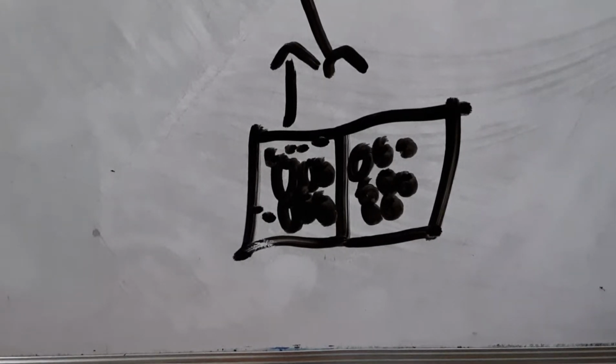So now we will understand convection. Convection is a type of heat transfer where the whole molecules, or the whole thing, moves from one place to the other to transfer heat, to transfer kinetic energy, right?